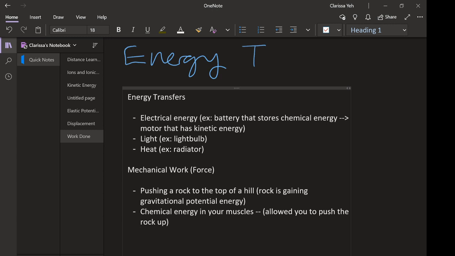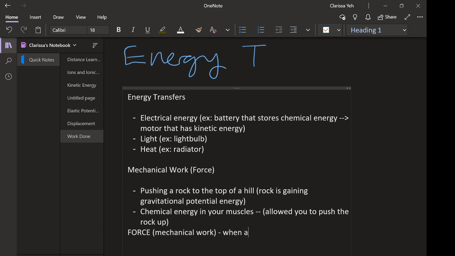But to get from you to the rock, we needed to have a form of energy transfer. We needed to have a force. And that is the way the energy transferred from you to the rock. And we call this mechanical work.